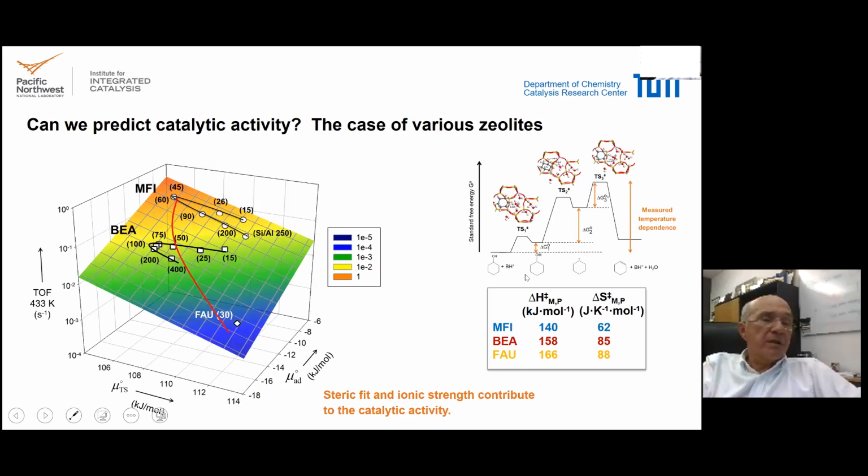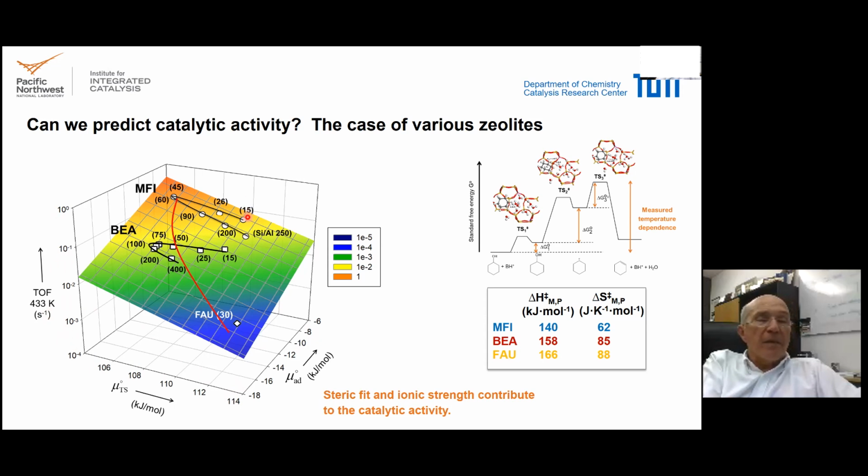What can we do with this? We can use it to predict catalytic activity. You see here one example. Again, the case of alcohol dehydration, where we are plotting on one of the axes the standard chemical potential of the adsorbed state, and on the other axis the standard chemical potential of the transition state, and on the z-axis the log of the turnover frequency.